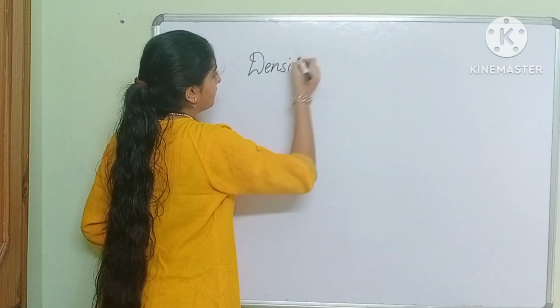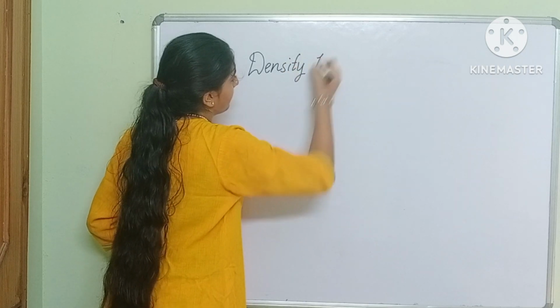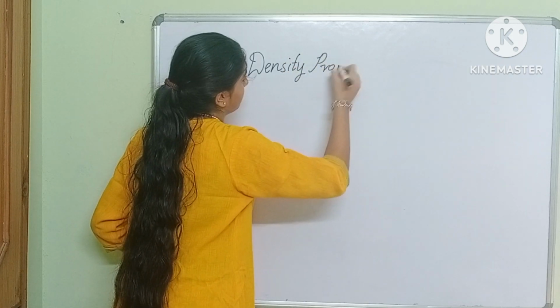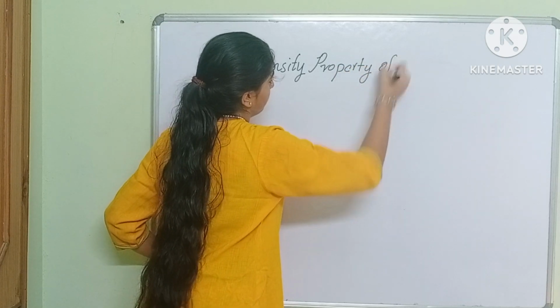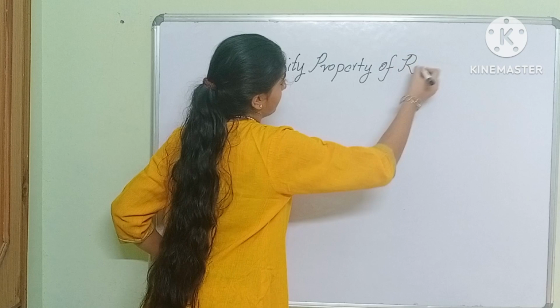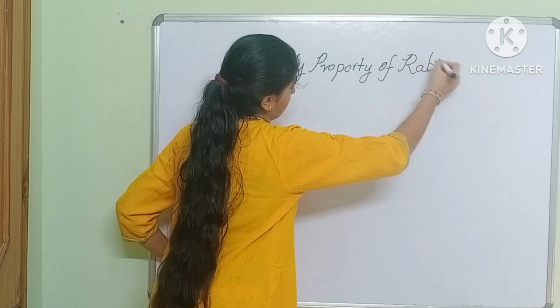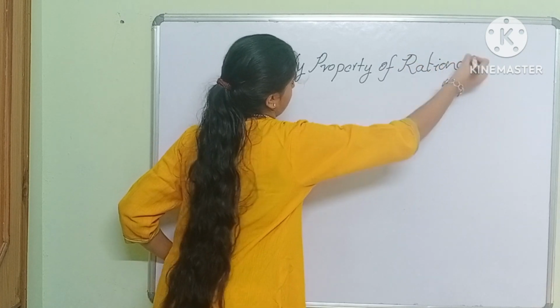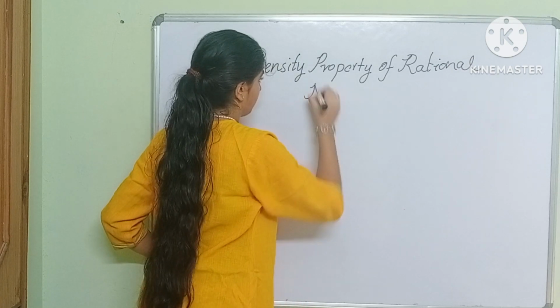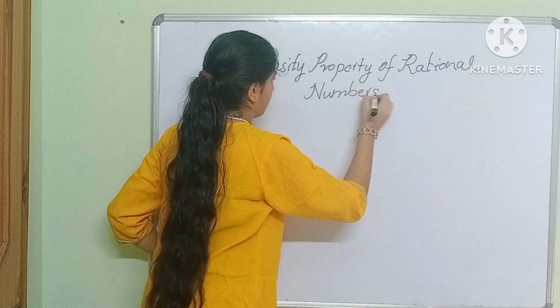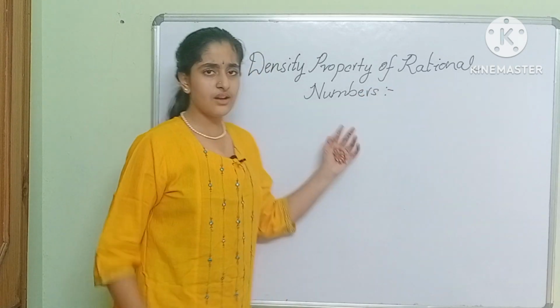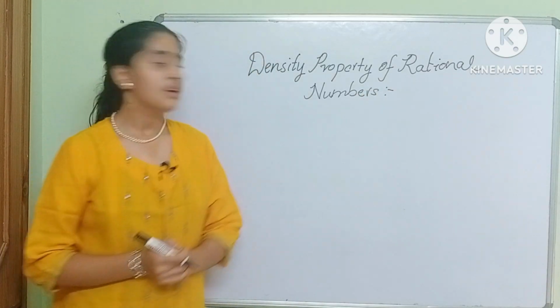density property of rational numbers. So what is called the density property of rational numbers?